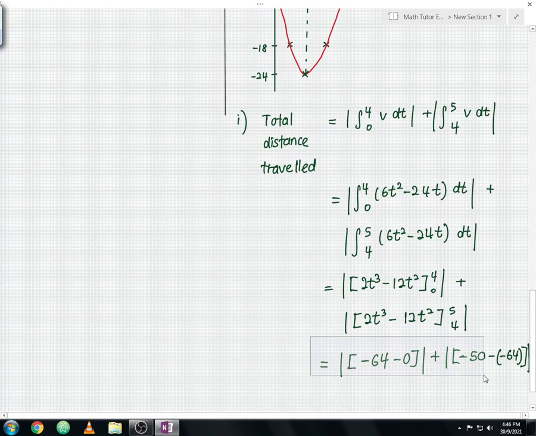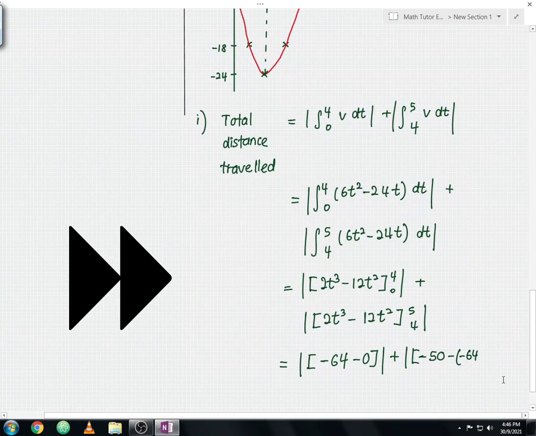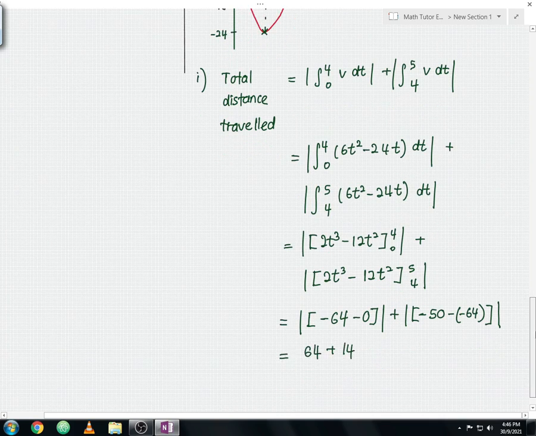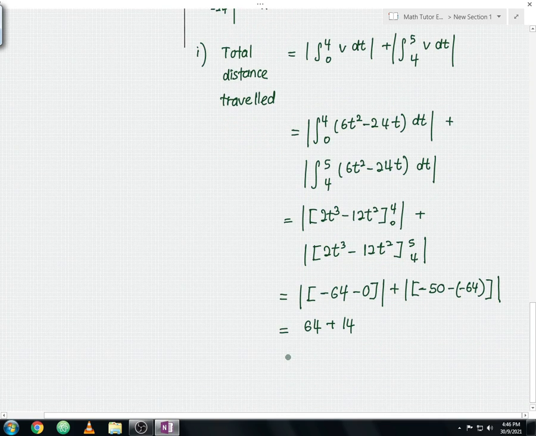Let me move it a bit. So from here you solve this, you should get 64, and as for this side you'll get 14. So 64 plus 14, your final answer is equal to 78 meters. Let me underline the solution for question B part 1.